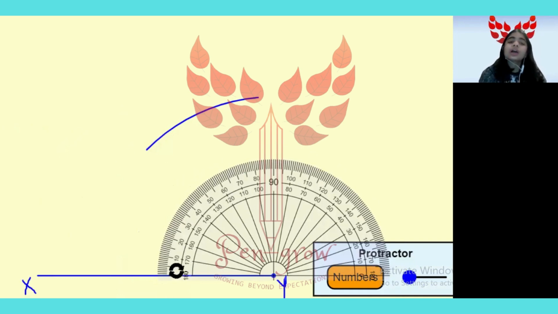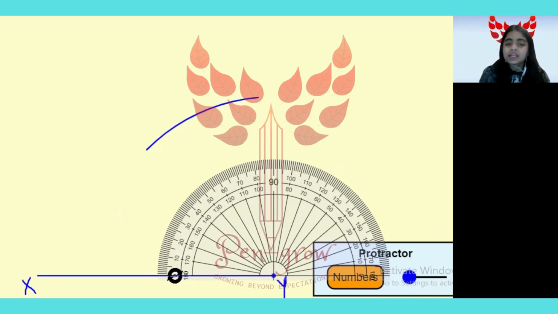So many people get confused in this part, that there are 2 scales on the protractor: 0, 10, 20, 30, 40, 50, 60, 70, 80, and 180, 170, 60. Which one to follow? There is a 60 over here and a 60 over here. So there are 2 catches. One, you always need to see your baseline. Your baseline always starts at 0.